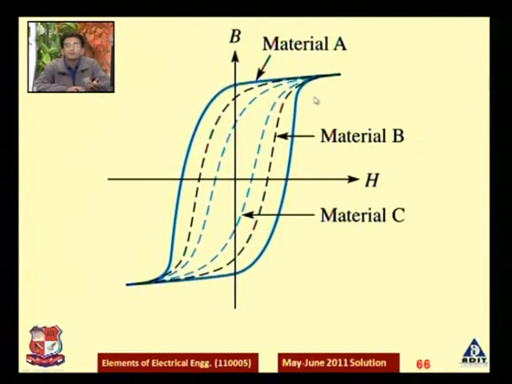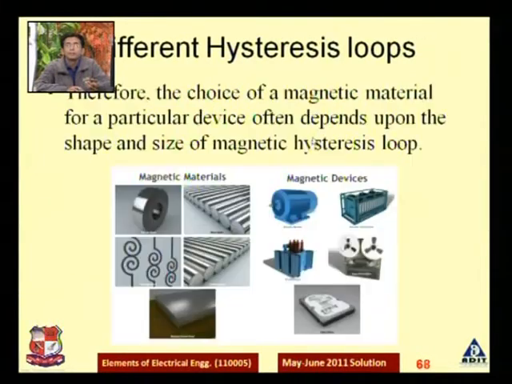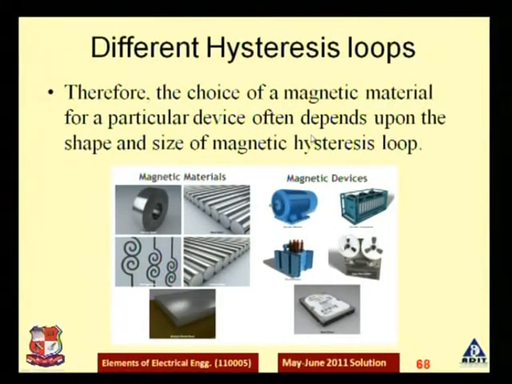For example, for material A the loop will be different, for material B it will be different, and for material C it will be different. So the shape and size of the loop mostly depend on the nature of the magnetic material. So for the choice of a magnetic material for a particular device, you often need to see the shape and size of the hysteresis loop.